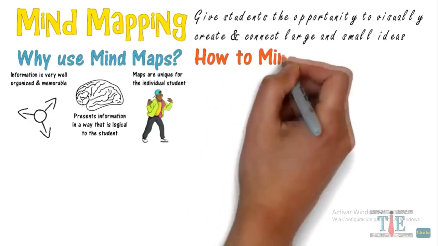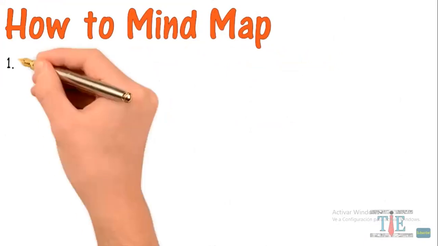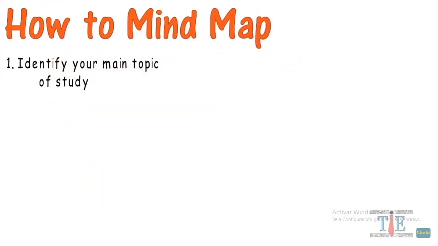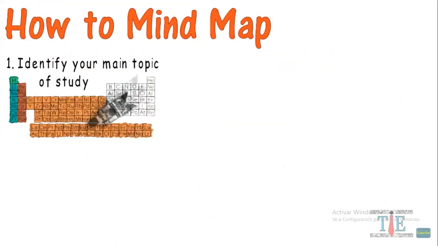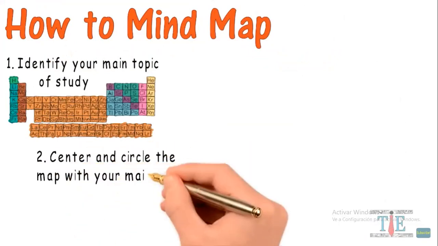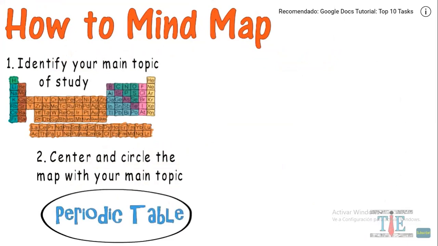Now, let's discuss how teachers and students can mind map. The first thing you should do is identify the main topic of study. Maybe the student is in a chemistry classroom, but the main topic of study for the day is the periodic table. The next thing you do is center and circle the map with your main topic of study. So just like this, write the words periodic table and place a circle around it.